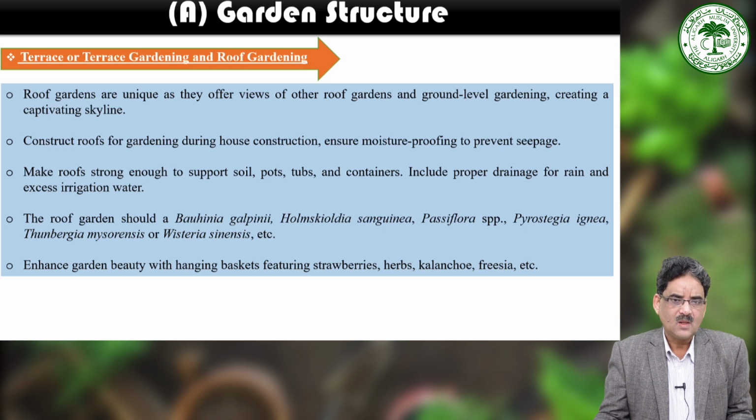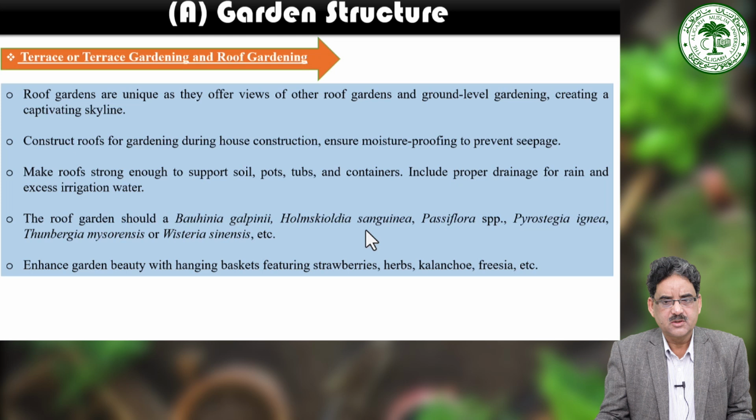While constructing a roof for gardening during house construction, moisture proofing should be ensured to prevent seepage. Additionally, make the roof strong enough to support soil, pots, tubs and containers. It also needs proper drainage for rain and excess irrigation water.